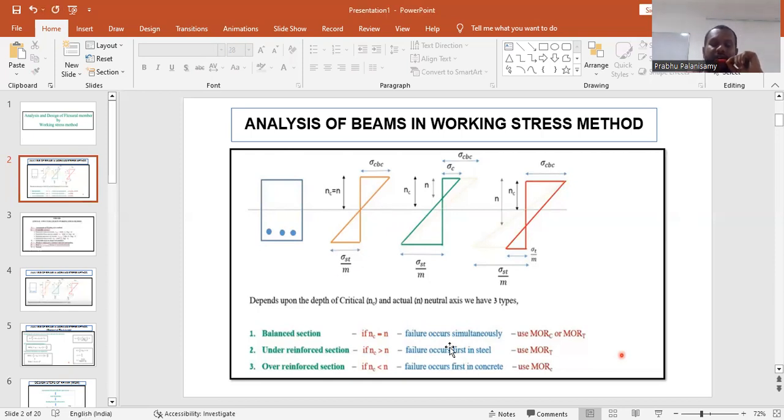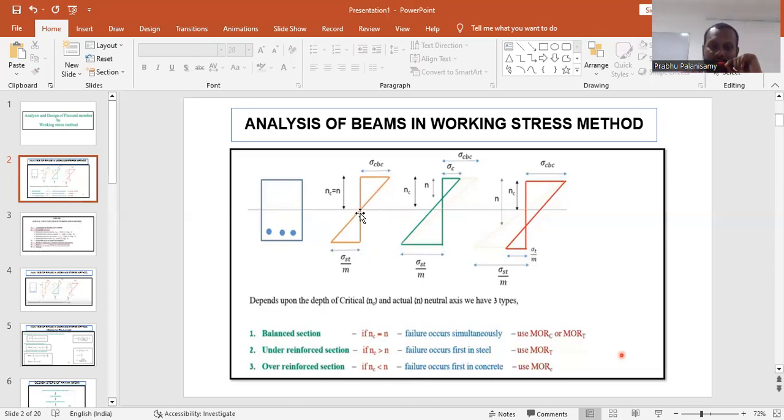In the balanced section, failure occurs simultaneously. The compression zone and the tension zone travel parallel, and NC is equal to N; that is, the actual neutral axis is equal to the critical neutral axis. N is the actual neutral axis, and NC is the critical neutral axis, which lie at the same point.